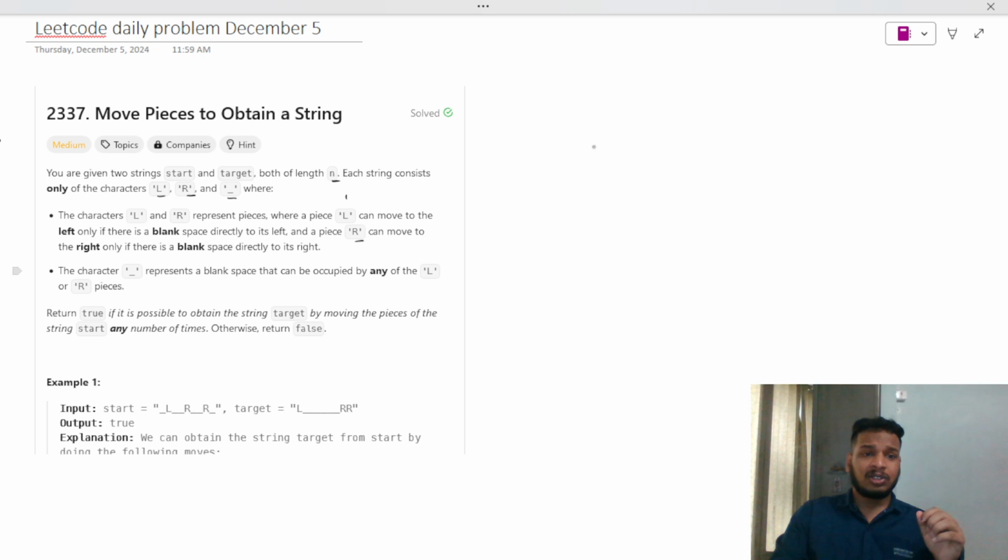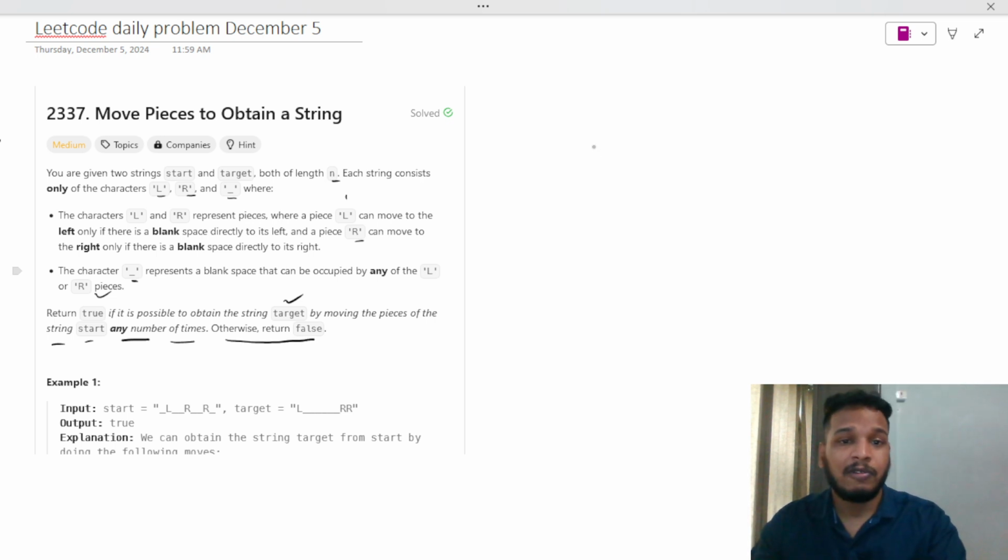The underscore represents a blank space that can be occupied by any of the L or R pieces. Return true if it is possible to obtain the target by moving the pieces of the start string any number of times. Otherwise, return false.